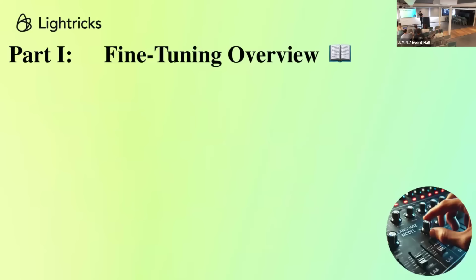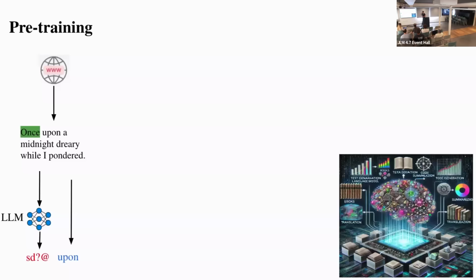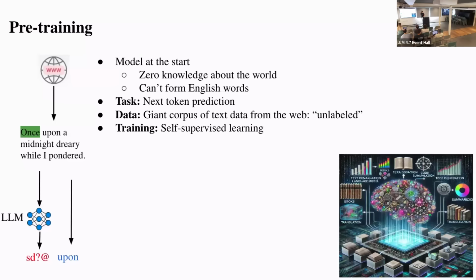Okay, so let's begin with the overview lecture. Before I can talk about fine-tuning, first the model needs to exist in the first place. That's why I want to start the talk with pre-training, which is the first phase. The model at the start has zero knowledge about the world, and it cannot form English words.